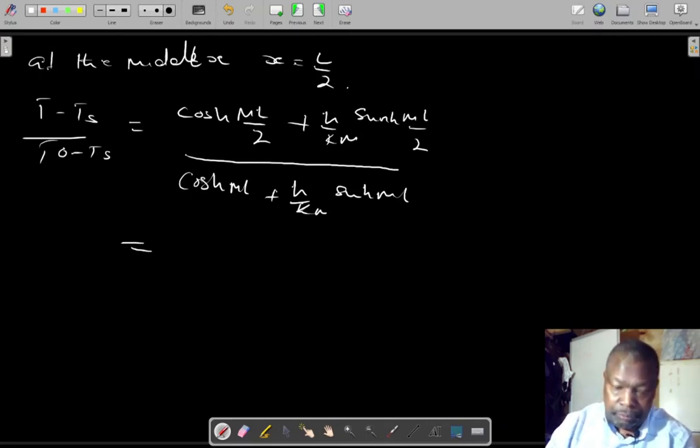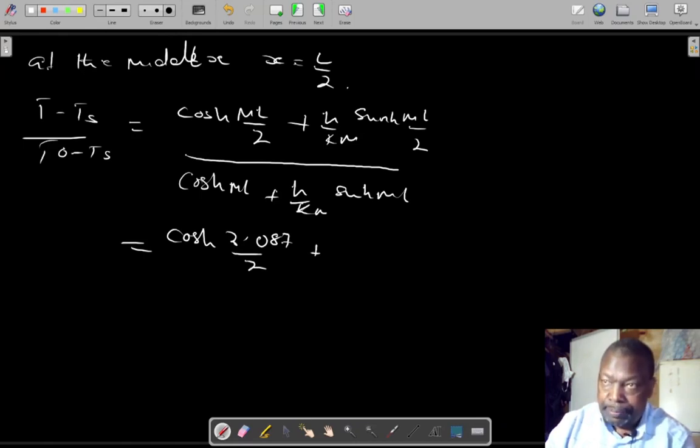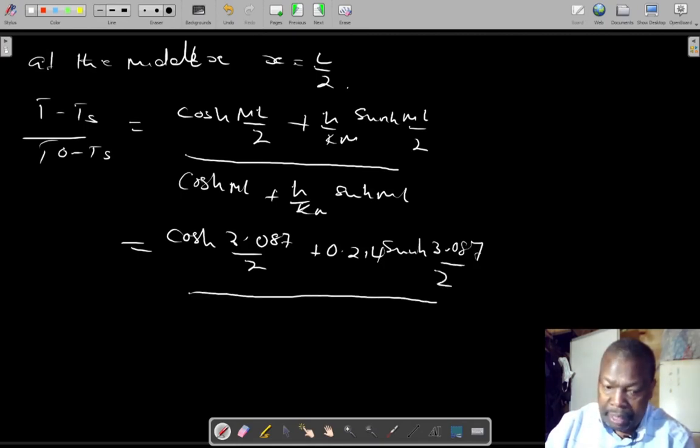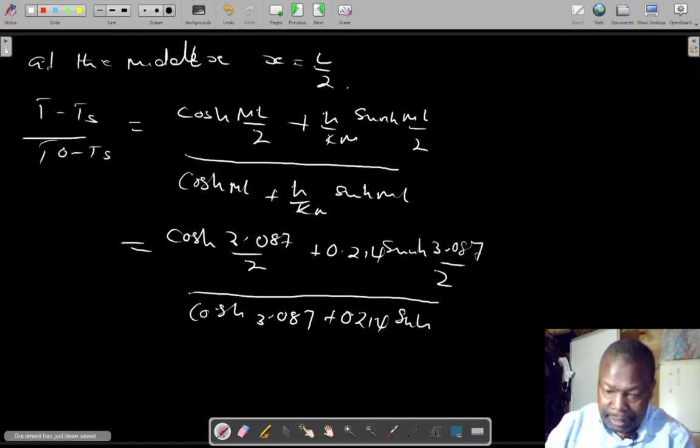So this is equals to cosh of 3.087 over 2 plus 0.214 sinh of 3.087 over 2, divided by cosh 3.087 plus 0.214 sinh 3.087. That you will get it as 0.219.